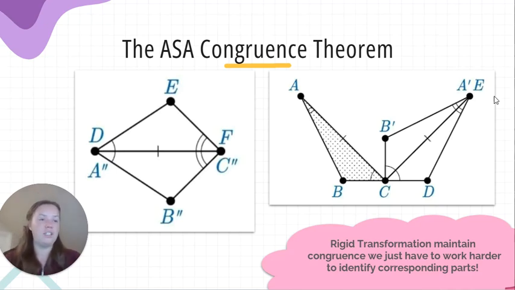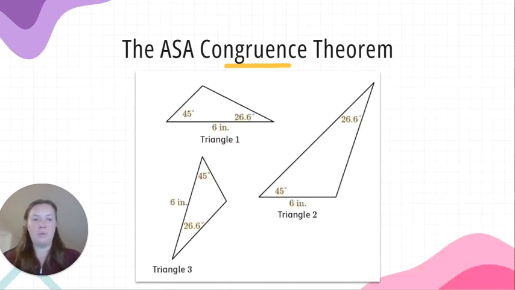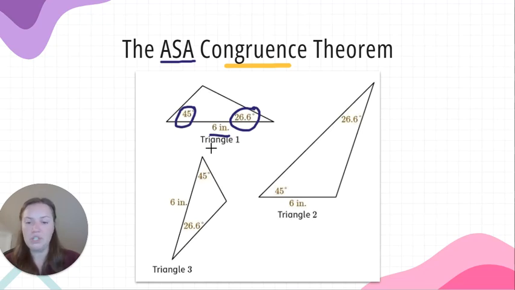Moving on to another example, we are going to look at these three triangles and try to identify which ones are congruent to each other. So looking at triangle 1, we're working with angle-side-angle. Remember that. So we want to look for an angle, a side, and then another angle. Right now we have angle-side-angle for triangle 1, but we need to confirm that it matches with any of the other triangles.